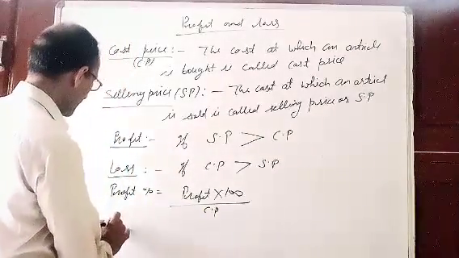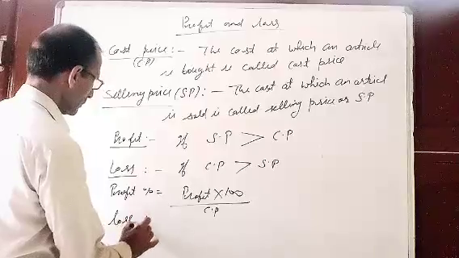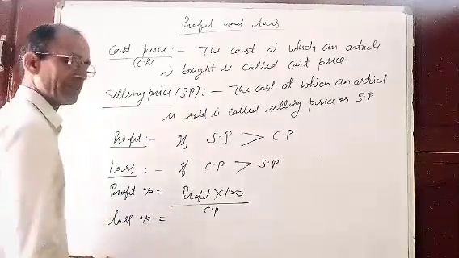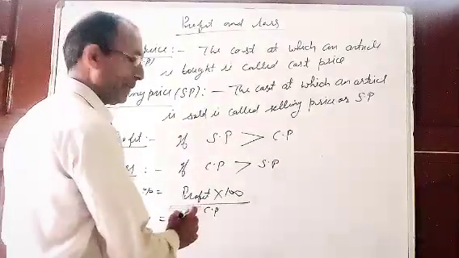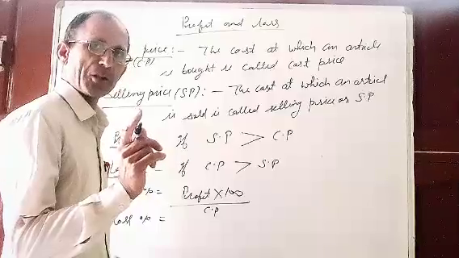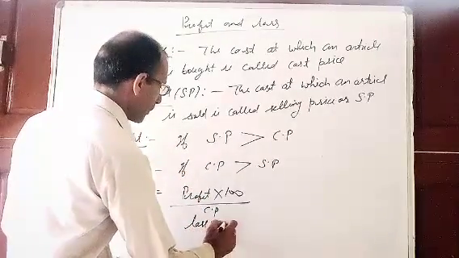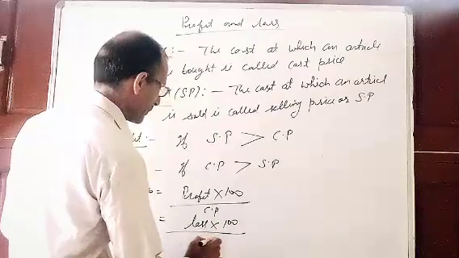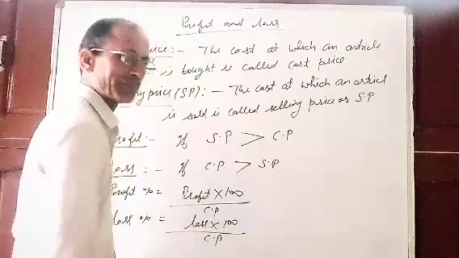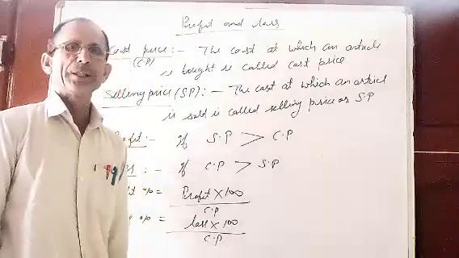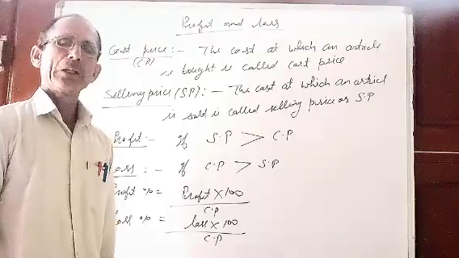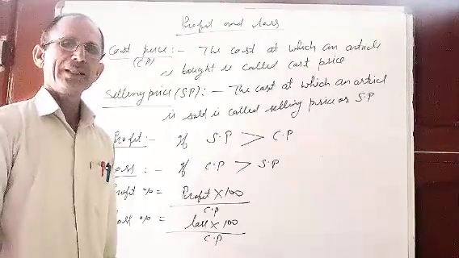Now loss percent. Loss also will be calculated on cost price. So loss multiplied by 100 upon CP. This is the formula for finding loss percent. Any doubt, any confusion?